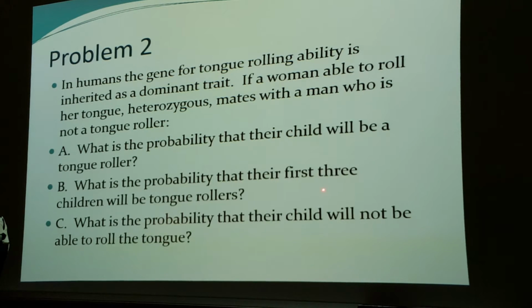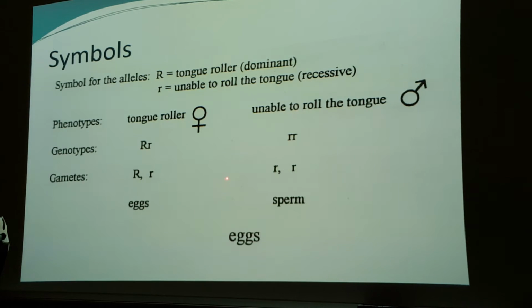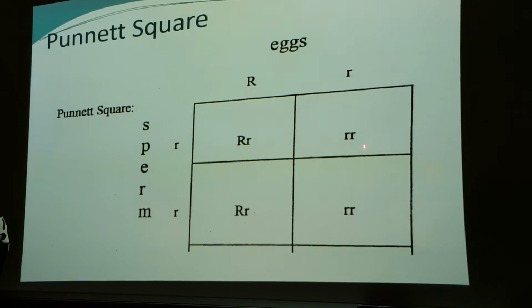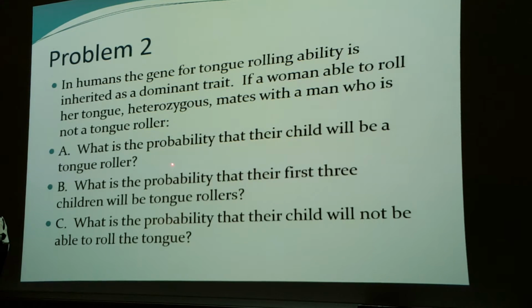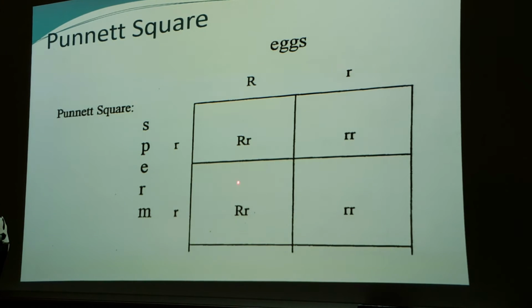If the woman is able to roll her tongue, what is the probability their child will be a tongue roller? 50%. It is 50%, 2 out of 4 boxes. What is the probability their first 3 children will be tongue rollers? So if it's 50%, a half times a half times a half is 1/8.